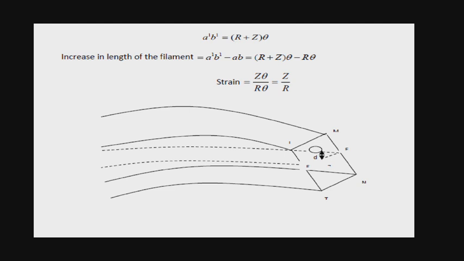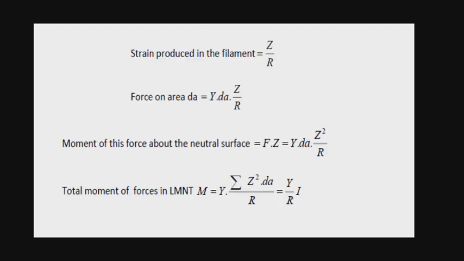Consider a small area dA at a distance z from the neutral surface. The strain produced in the filament is z by r, already derived. So, force on area dA is y into dA into z by r.